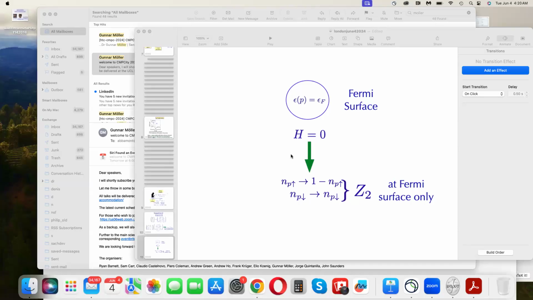Share. Okay, good. Can I ask a question? Yes. So if you choose the one where you have the imaginary part of your complex fermion, it gives you a minus sign, a particle hole transformation from one spin species, right?